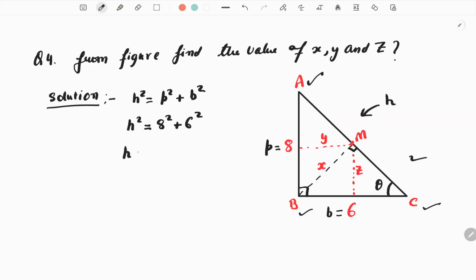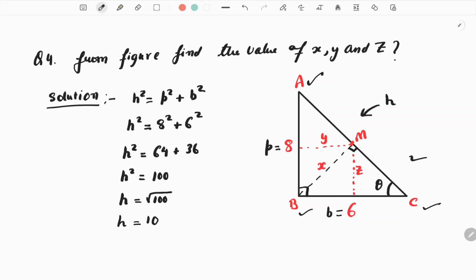So here, H square is equal to 64 plus 36. So therefore, H square is equal 64 plus 36, it becomes 100. So H is equal root of 100. So therefore, H is equal 10.